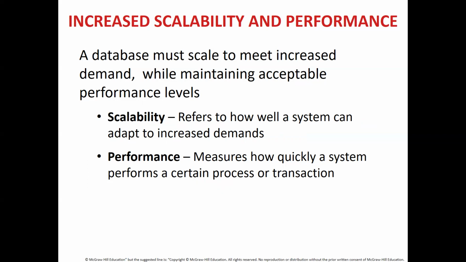In simple terms, as the demands increase, the system should be able to adapt to it accordingly. If the system is not able to adapt to it, that means the system is not scalable. Now, performance measures how quickly a system performs a certain process or transaction.